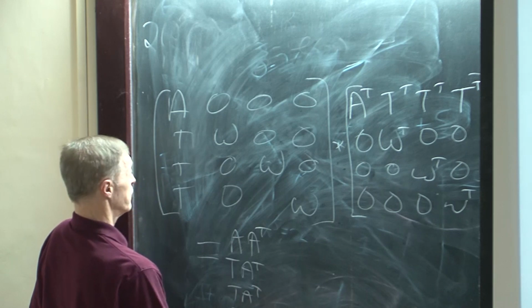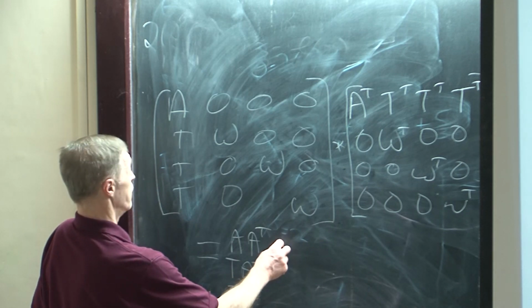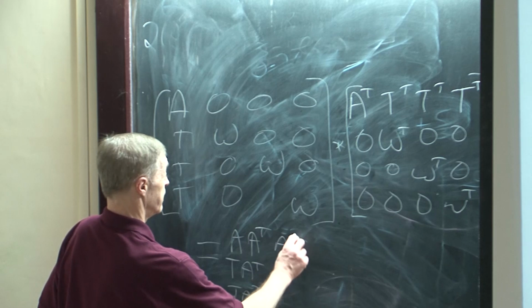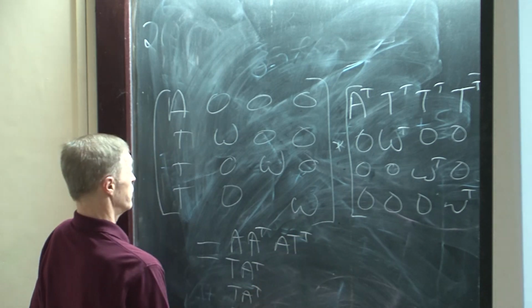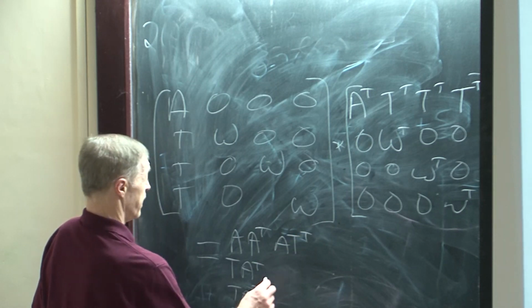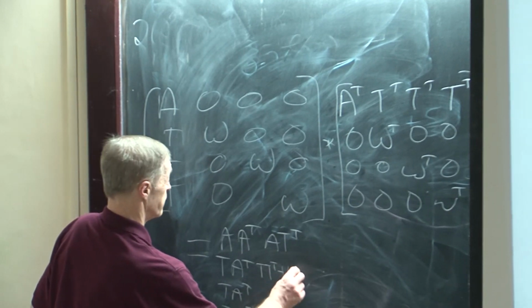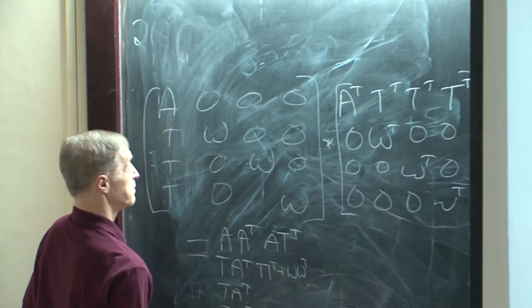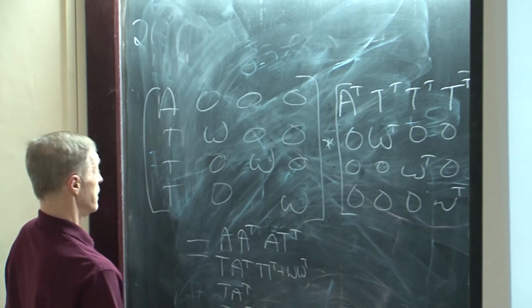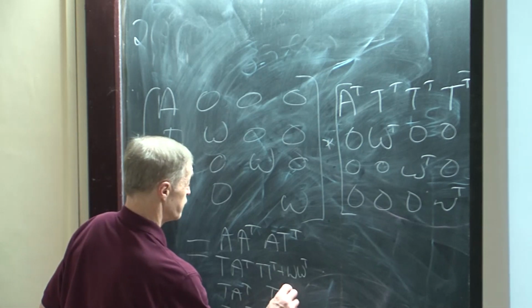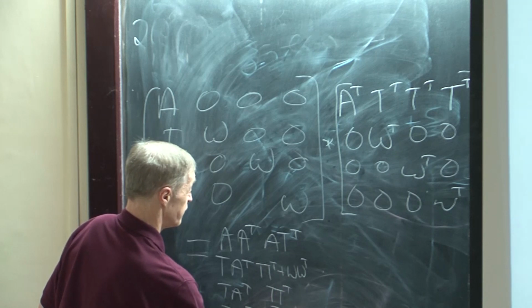T A transpose. Now over here I get A T transpose, and here I get T T transpose plus W W transpose. And here I'll get T T transpose, and here I get T T transpose.